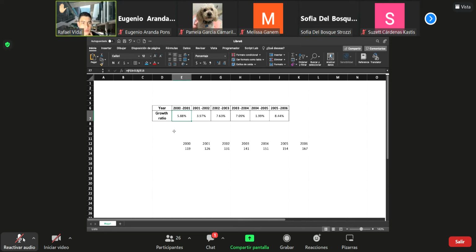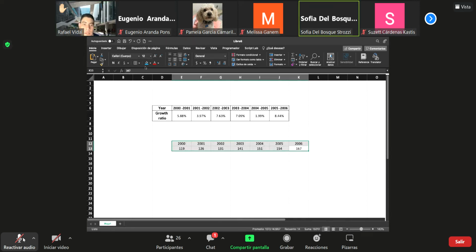I divide it like this. Oh, but this is not the total stores in Japan. I thought you were doing the total stores in Japan. Oh, okay, so this is the growth rate for the total stores, in all the countries.